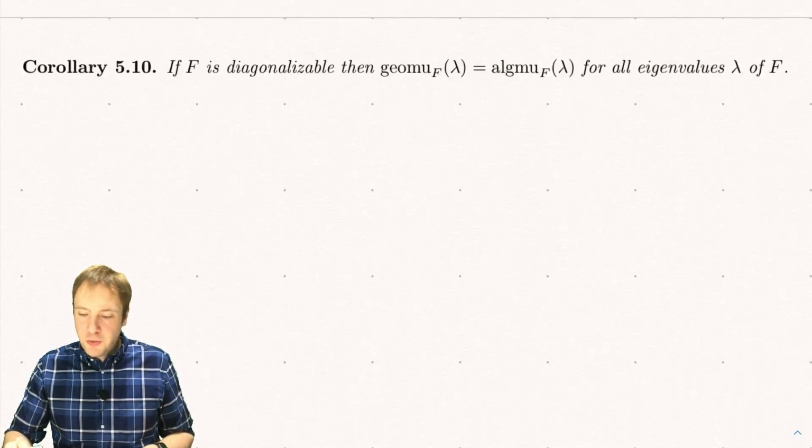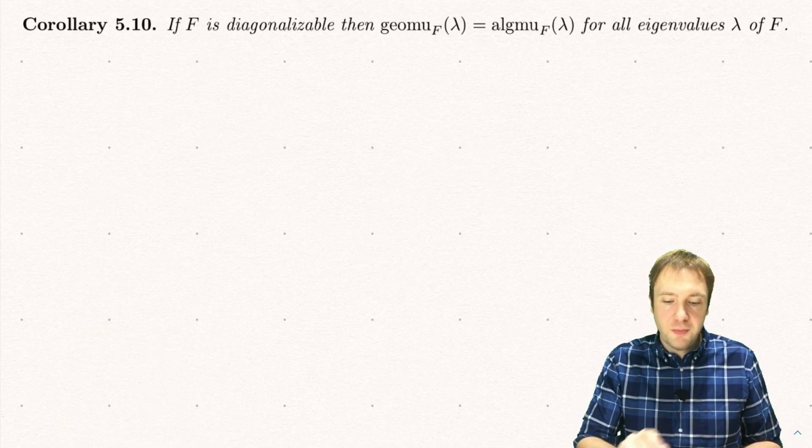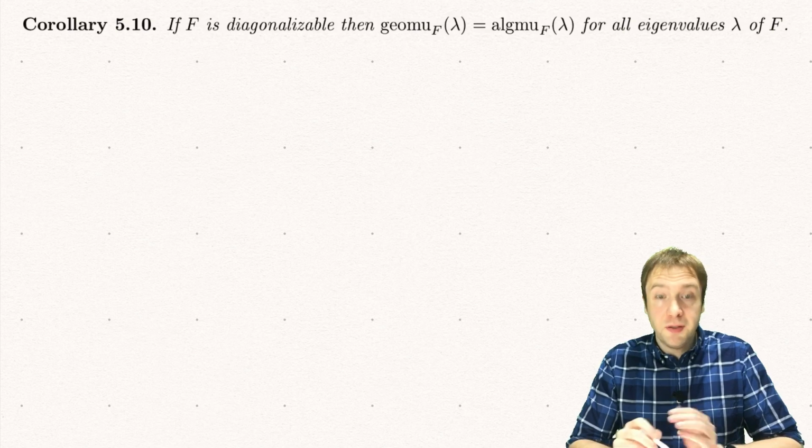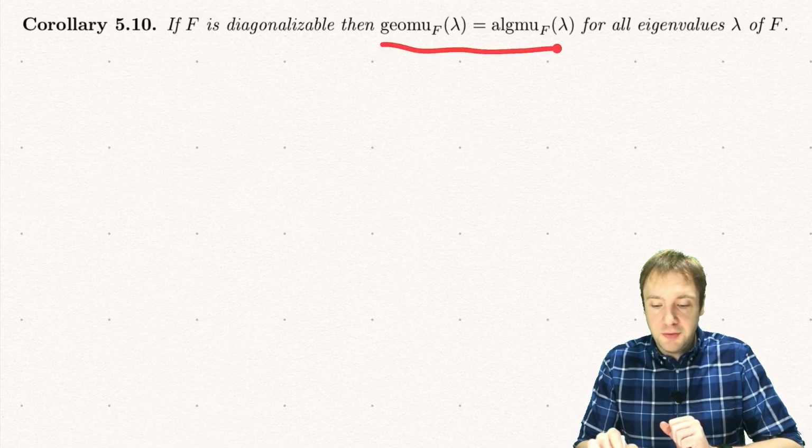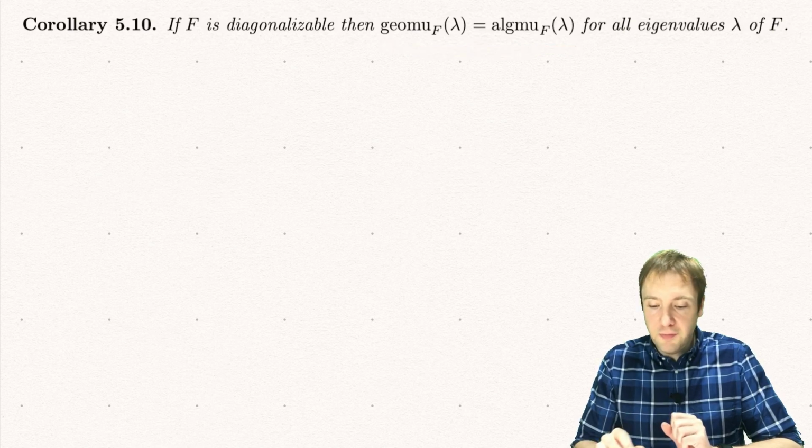Okay, so one consequence of this theorem is that if f is diagonalizable, then we actually have that all these geometric multiplicities for all eigenvalues equal the algebraic multiplicities.